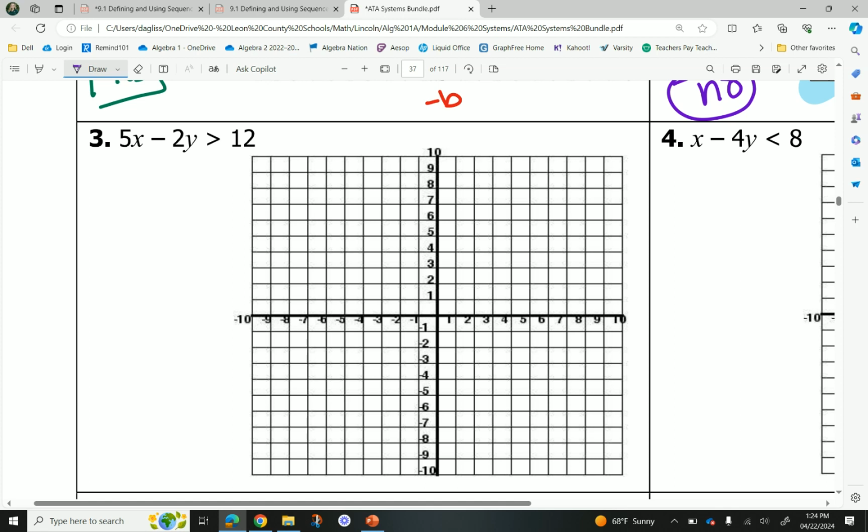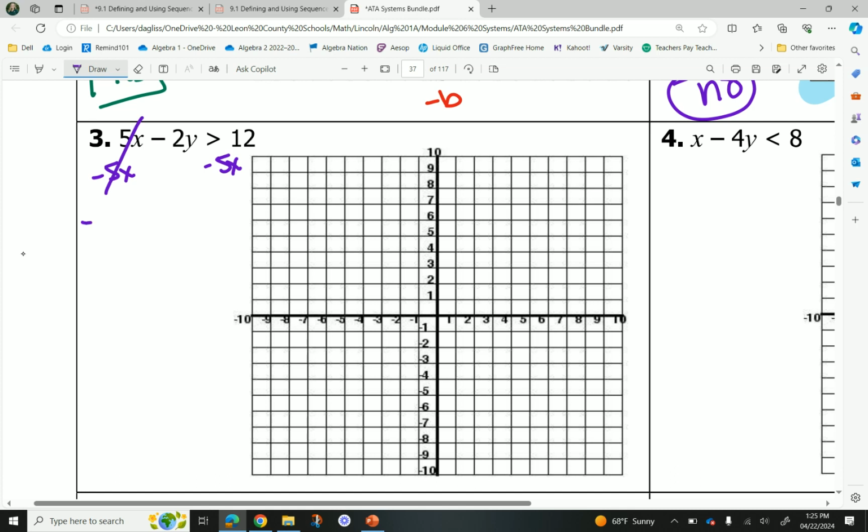Okay? So to get my y by itself, we've done this a million times, guys. What do I have to move out of my way? I want y to stay where it is. So what do I have to move? The x, the 5x. How am I going to move 5x to the other side? Subtract it. Good.